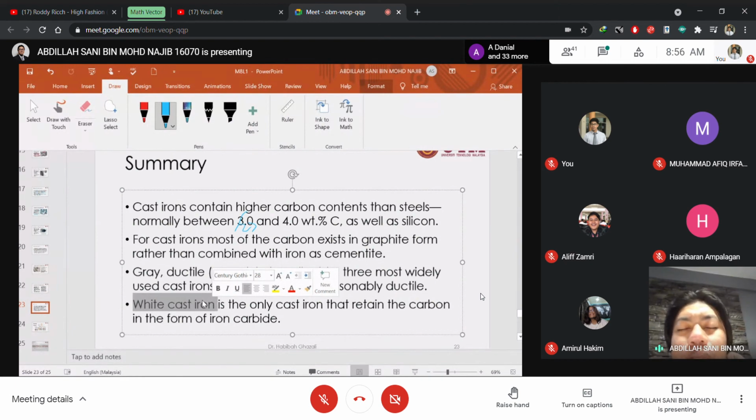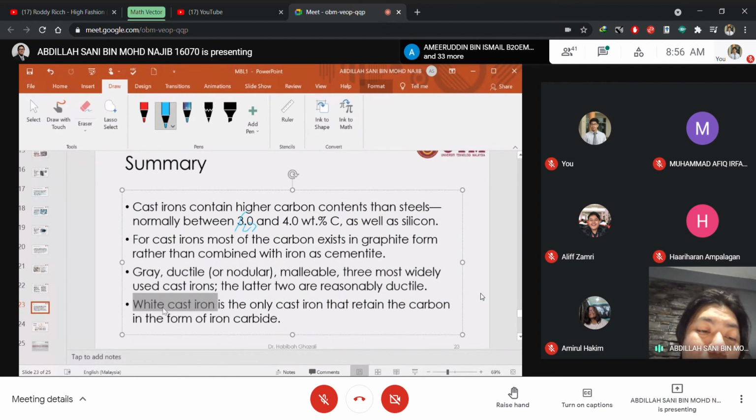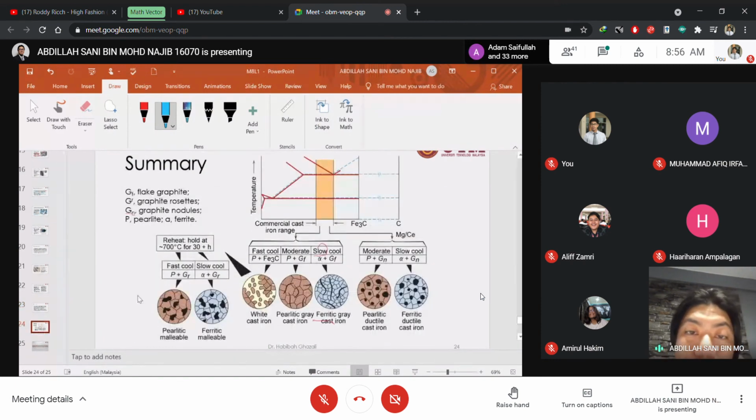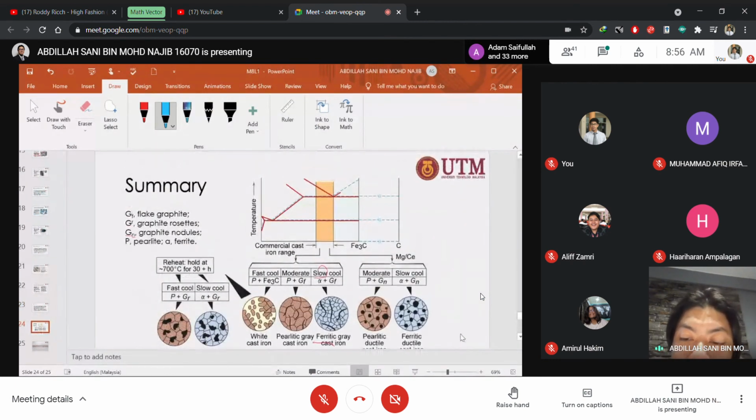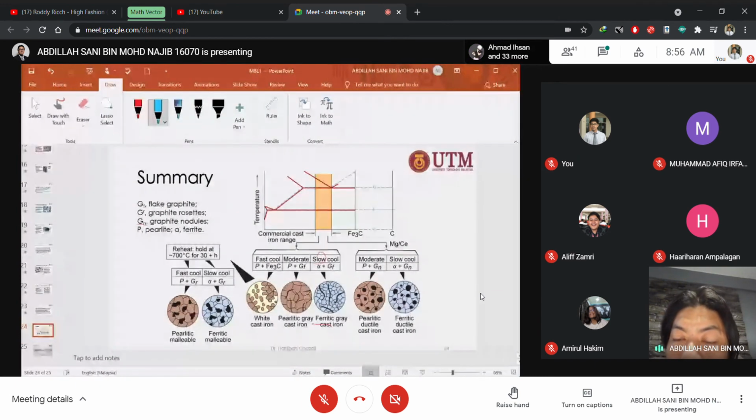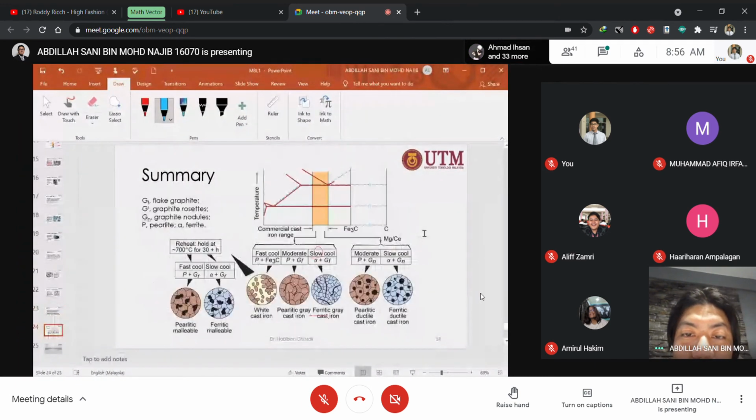It has no time to get together to form graphite. So only for white cast iron does the carbon remain in the form of iron carbide. This is what I have shown just now, a summary of everything today.